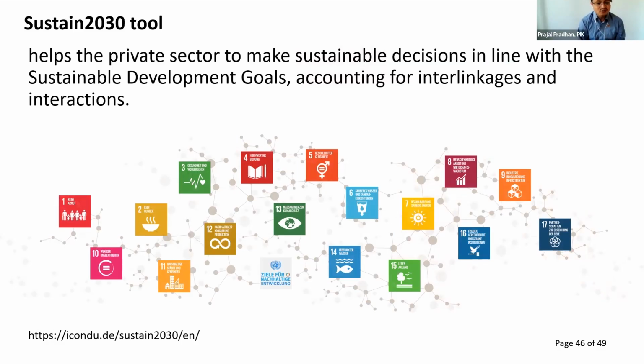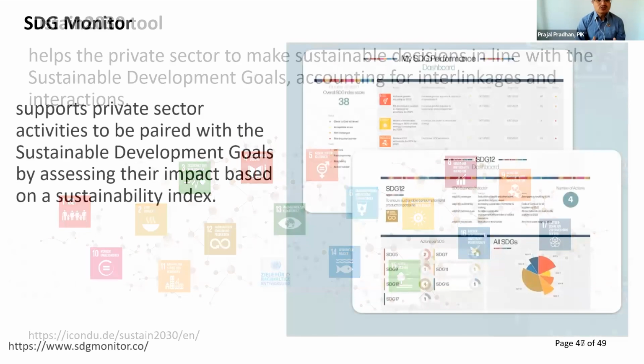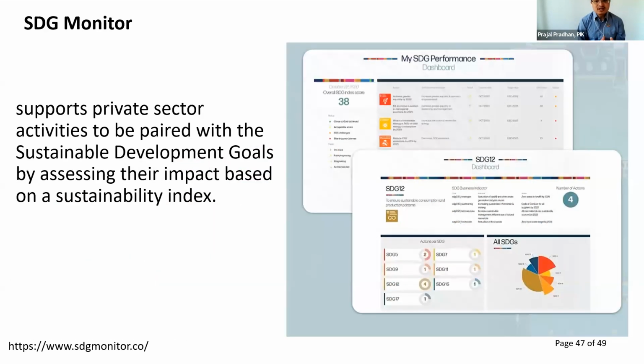So they can play around with their company's data set and try to figure out how these tools work. And there is also a monitoring tool for companies to show how they are performing in terms of a sustainability index. And then they can pair their activities with sustainable development.